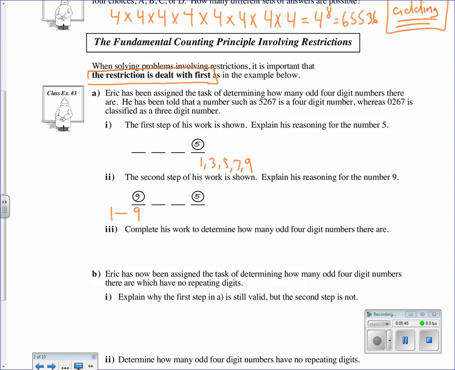And then in the last 2 positions, I can actually have any other number. I can have 0 to 9 and 0 to 9 in those middle positions. So that gives me 10 different options for my numbers or digits in that position. And now I get to multiply all those choices. 9 times 10 times 10 times 5.